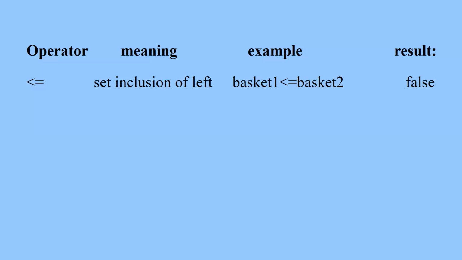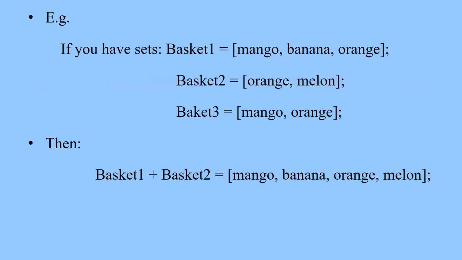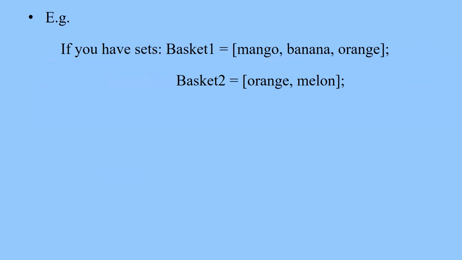This is because the content of basket 1 is not equal to those of basket 2. And they are not even less than those of basket 2, because basket 1 contains how many elements? If we go back to those sets, you can see that basket 1 contains 3 items or 3 members. Basket 2 contains 2 members.